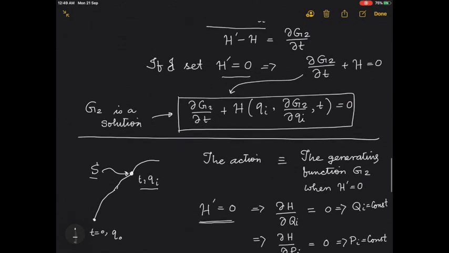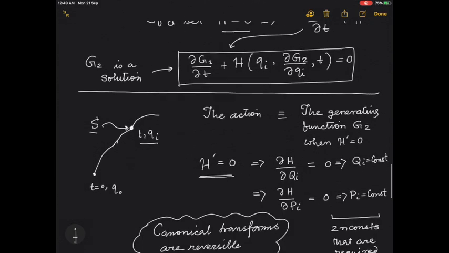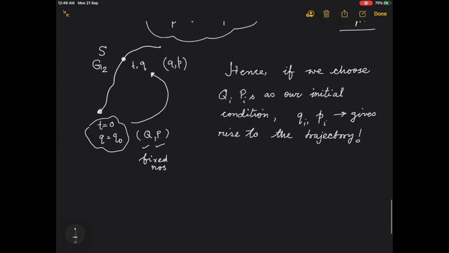Okay. So, interestingly, this is now a single partial differential equation where you are solving for a single function as a function of qi's and time, and that time derivative is a single time derivative. It's not a double time derivative that you usually get in the usual Euler-Lagrange equation.